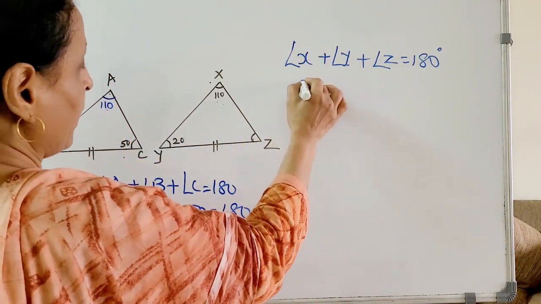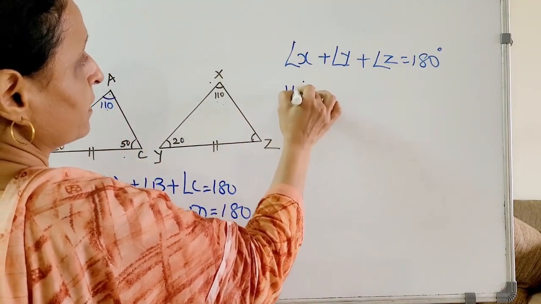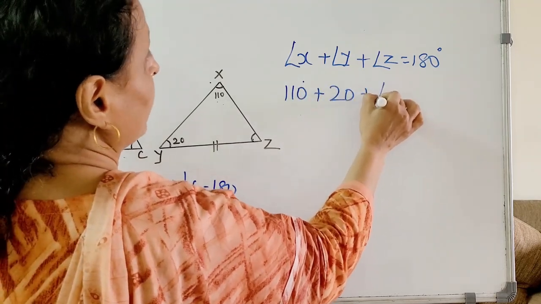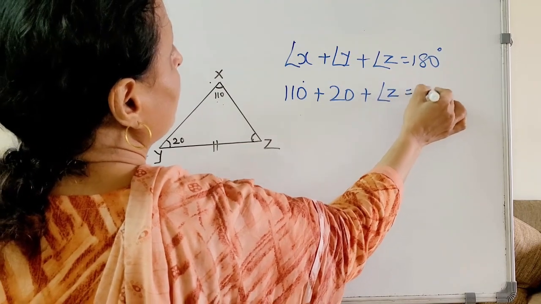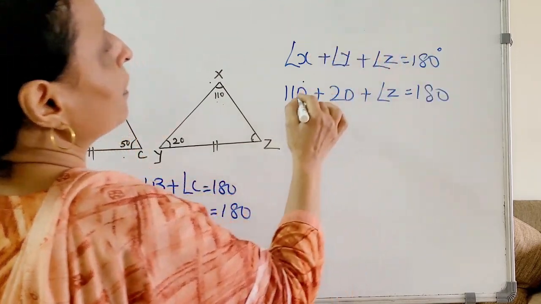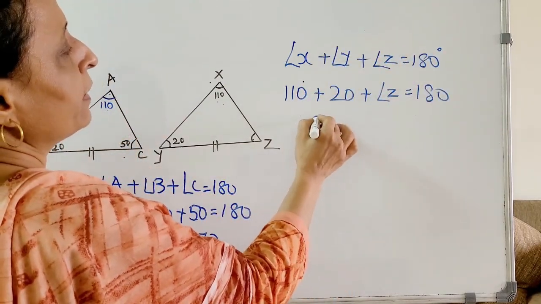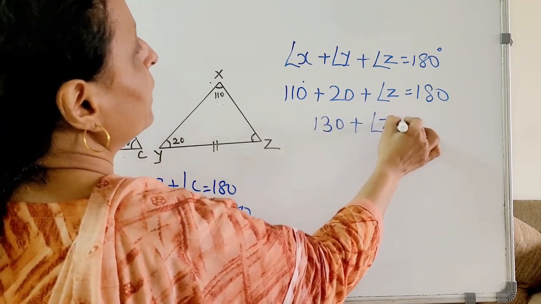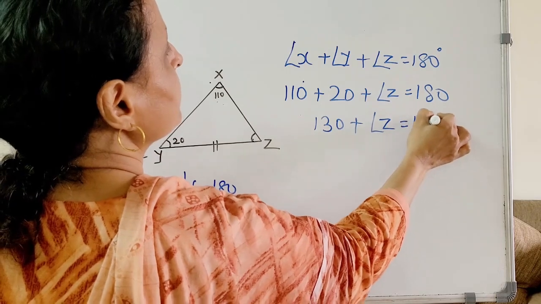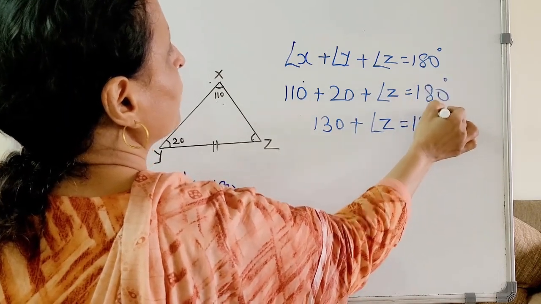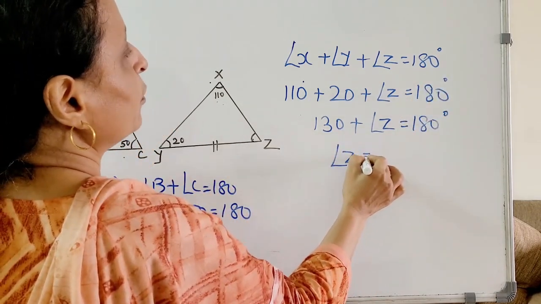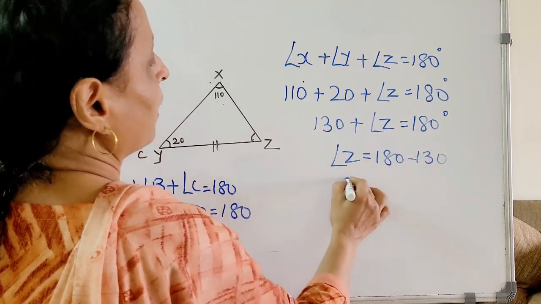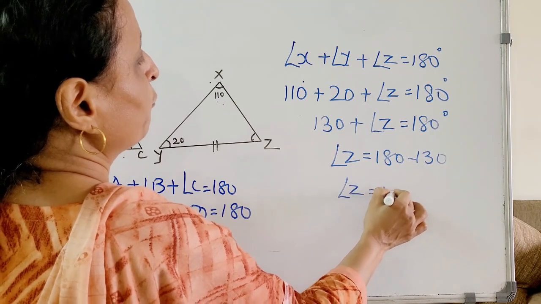Now X is given as 110 plus Y is 20 plus Z, 110 plus 20 is 130, plus angle Z is equal to 180 degree. Angle Z is equal to 180 minus 130. Angle Z is equal to 50.